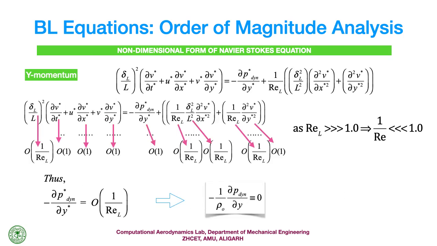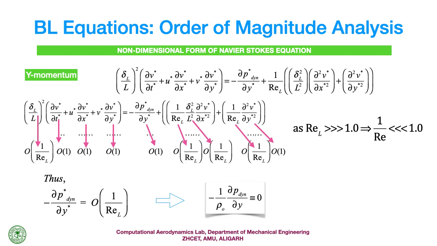Now again I am using the y momentum form of the Navier-Stokes equation, which is given two slides before. Again you see that δ_L over L squared is there, which is of the order of 1 over Re_L. The rest of the terms in the LHS are of the order of 1 because they only have the star derivatives, multiplied by δ_L over L. So the whole left hand side becomes of the order of 1 over Re_L. Now dP dynamic is of the order of 1.